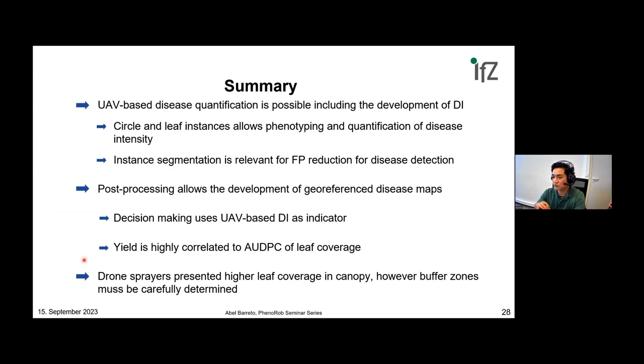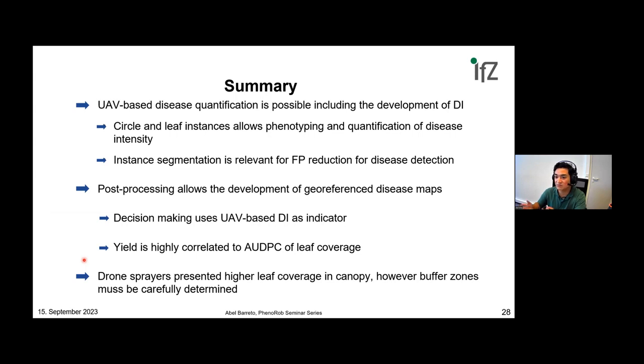We could control the false positive rate by segmenting the leaves. The post-processing allows us to deliver more different kinds of disease maps to quantify the disease in different ways. This allows us to make decisions and establish indicators for a geo-referenced application.